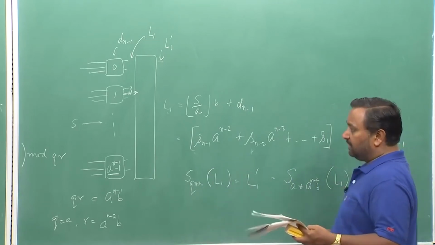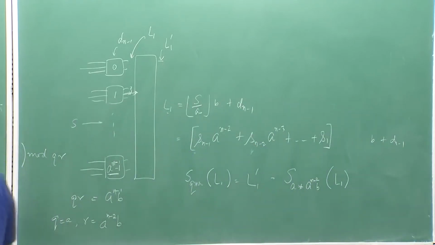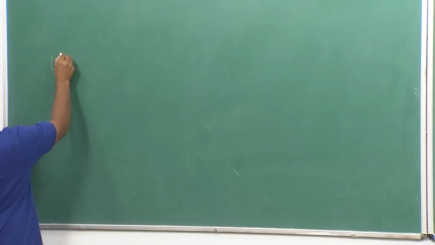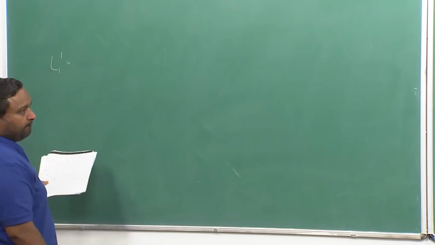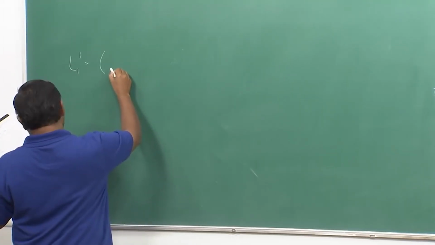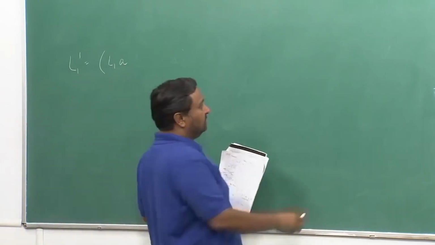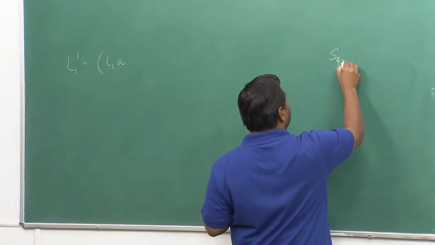So, we need to solve for this. So, L1 prime will be L1 A. I am going to use the shuffle formula, which was S into QR.